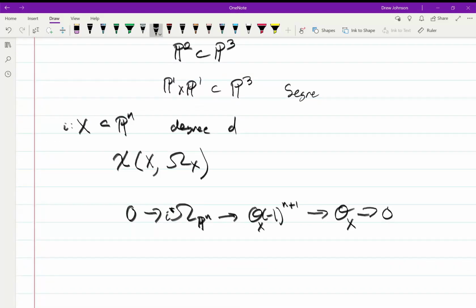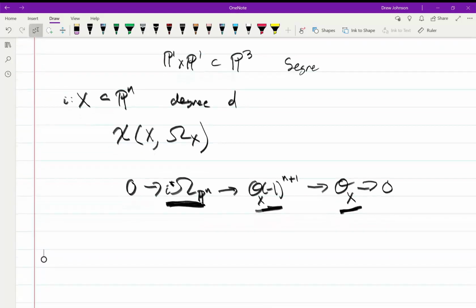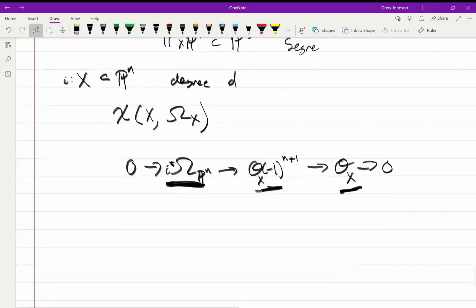From this, we in principle have enough information to compute the Euler characteristic of the restriction of the cotangent bundle, because we already know formulas for these. That's not actually what we wanted, but it's closely related to what we want by the conormal sequence.